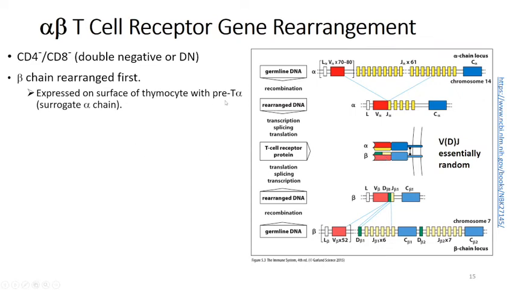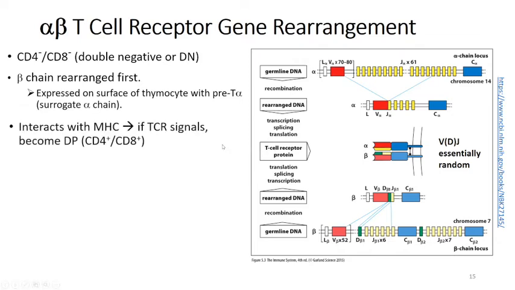The T cell effectively has a rearranged beta chain with a surrogate alpha chain that allows the thing to be transported to the surface. Check: the receptor has the functionality that it's required.